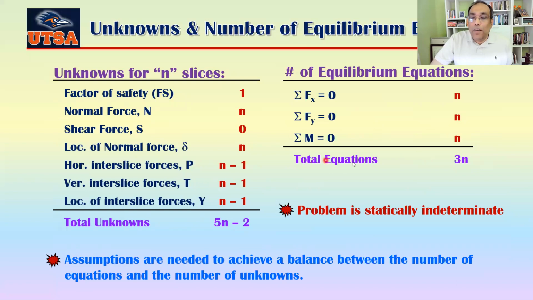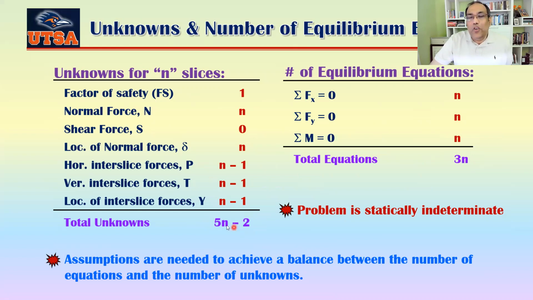So the total number of equations is 3n, okay? The total number of unknowns is 5n minus 2. So your number of equations is less than your number of unknowns. That's why all these problems are statically indeterminate. Statically, you cannot solve them with this number of equations and that many unknowns here.